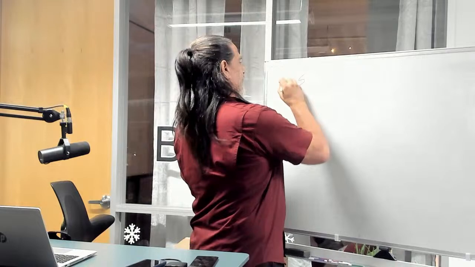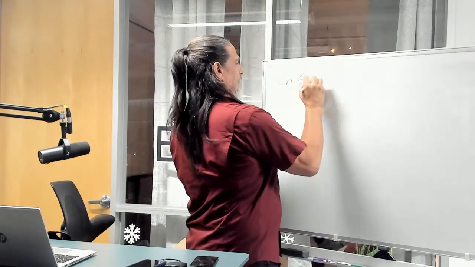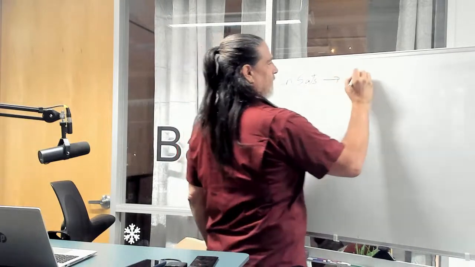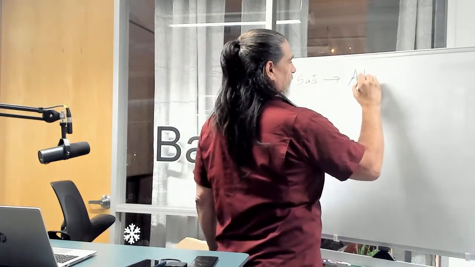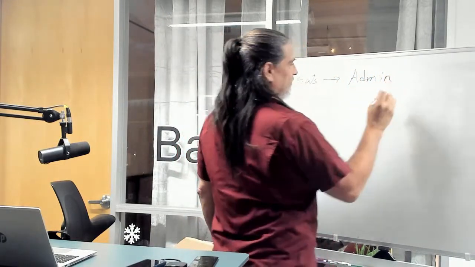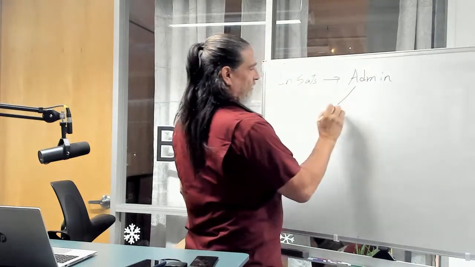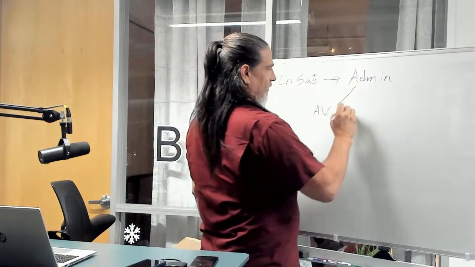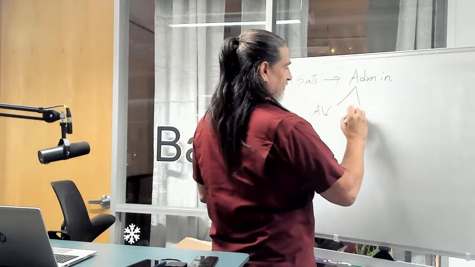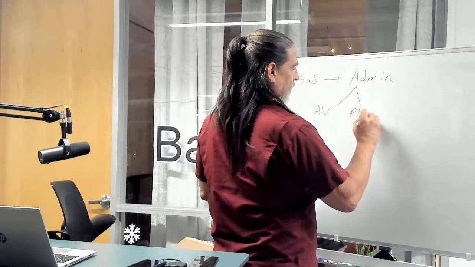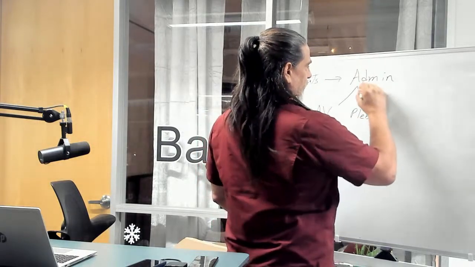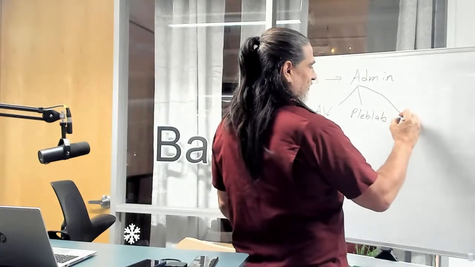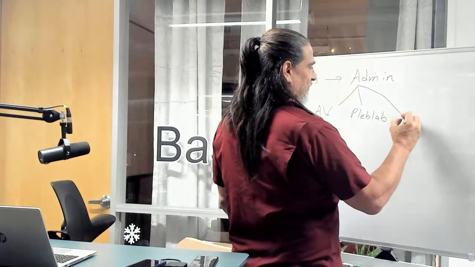so we've got a payment going to an admin account. So from the admin account, one going to AV for the audio video tech, one going to the host, PlebLab, another payment going to myself as the speaker on stage, talent.